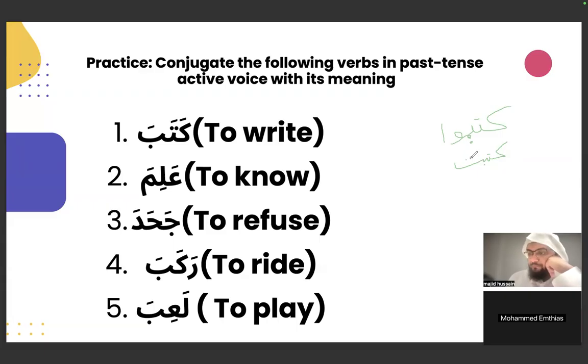Like that. Katabata, katabna. And the sixth one, katabna. Yes, it is. Katabna.